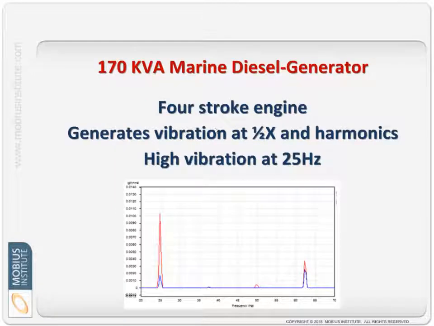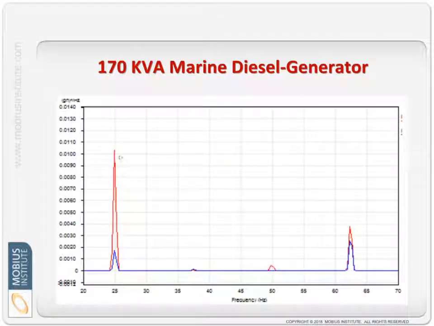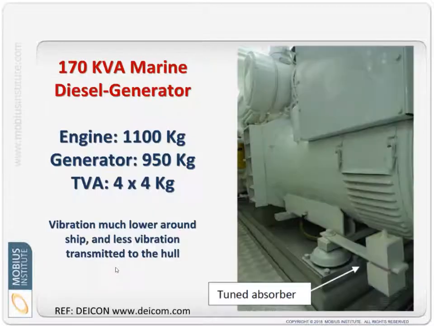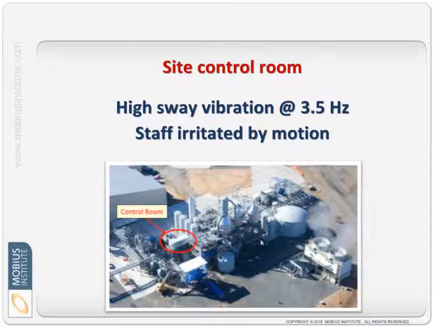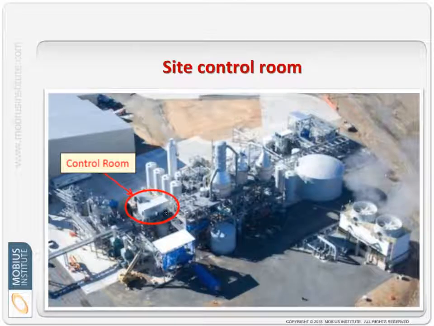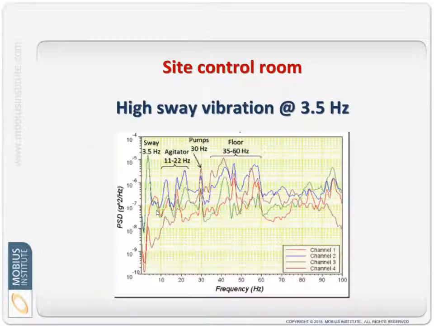Here we've got a generator, and the vibration was quite high, and then it was reduced by just adding this tuned mass damper down here. Here we've got a control room sitting up on top of a structure, and the thing just swayed around and made the operators feel unwell.